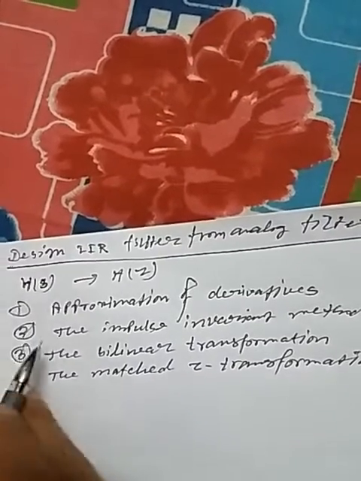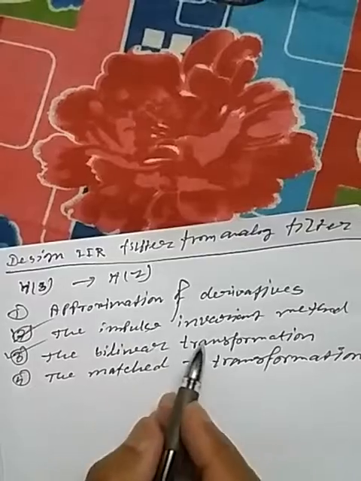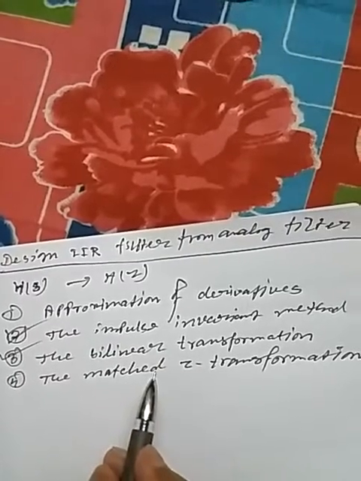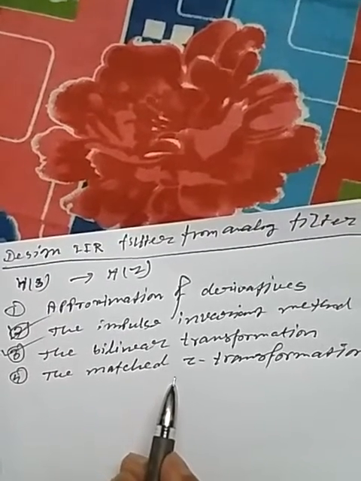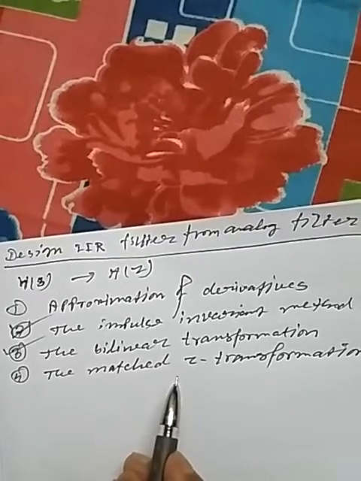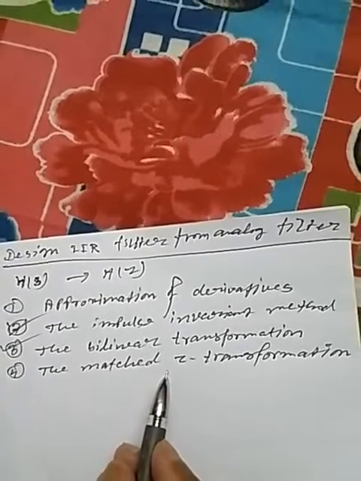Among these 4 methods, the impulse invariant method and the bilinear transformation method are in your syllabus. So at first we will start with the impulse invariant method. What is that, and how can a digital filter be designed using this method?